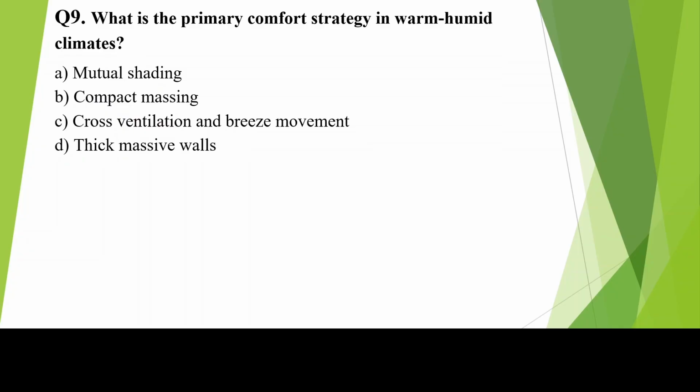Here is the ninth question for you all. What is the primary comfort strategy in warm and humid climates? Whether it is mutual shading, compact massing, cross ventilation and breeze movement, or thick massive walls. Out of the four options, which is the most appropriate and correct answer for question number 9?